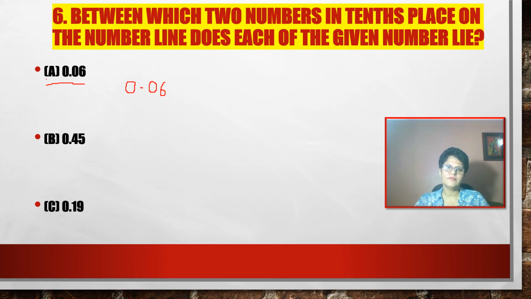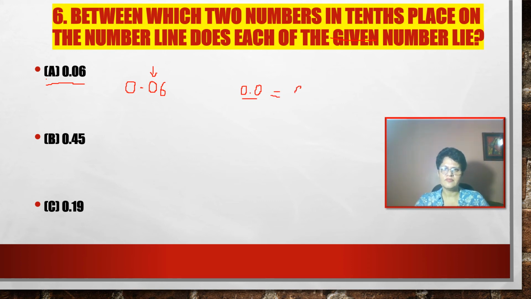Okay. But then we want the numbers between tenths place. So the clear trick for this is that you will be writing the number which is at the tenths place, which is given, and the number which comes after that number. So I have the number here, that is 0.0, and children, 0.0 is equal to 0.